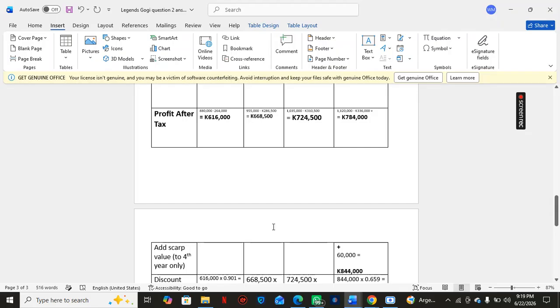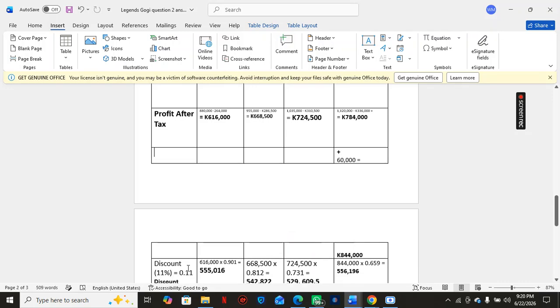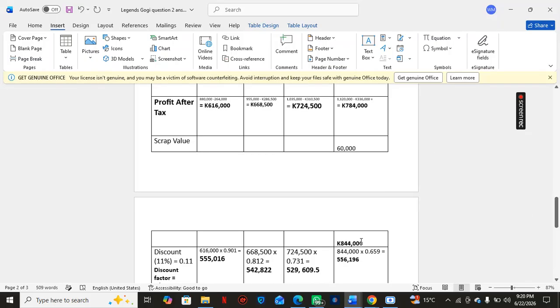Here we put scrap value 60,000. Then make a new row.